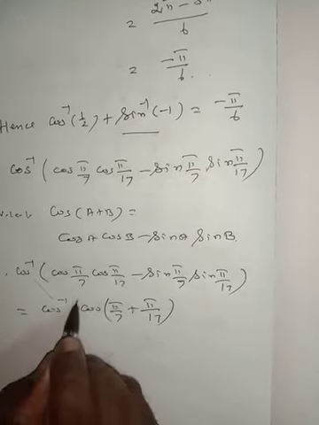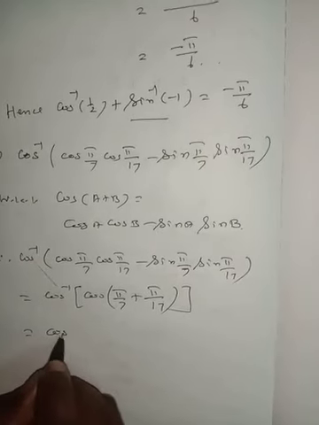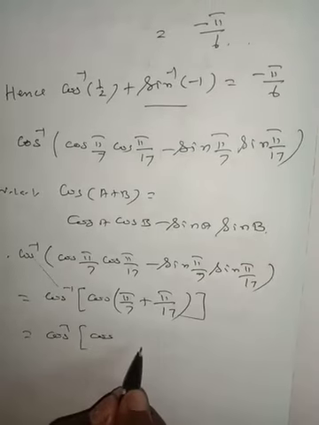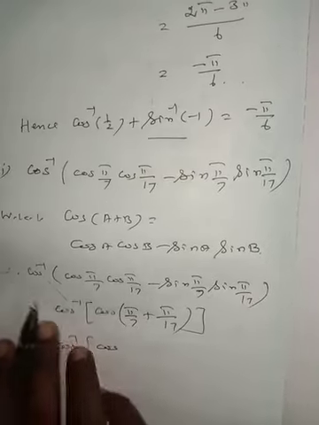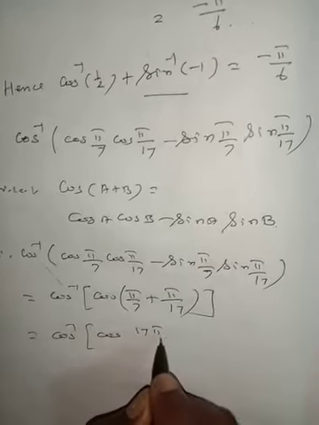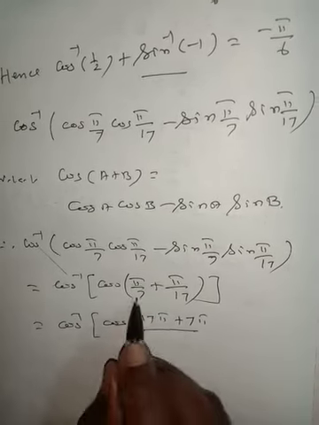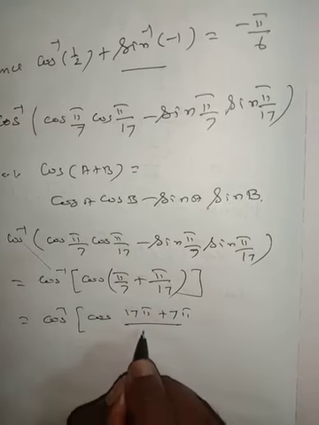Now, taking LCM, cos inverse of cos of (17 pi plus 7 pi) divided by 119.